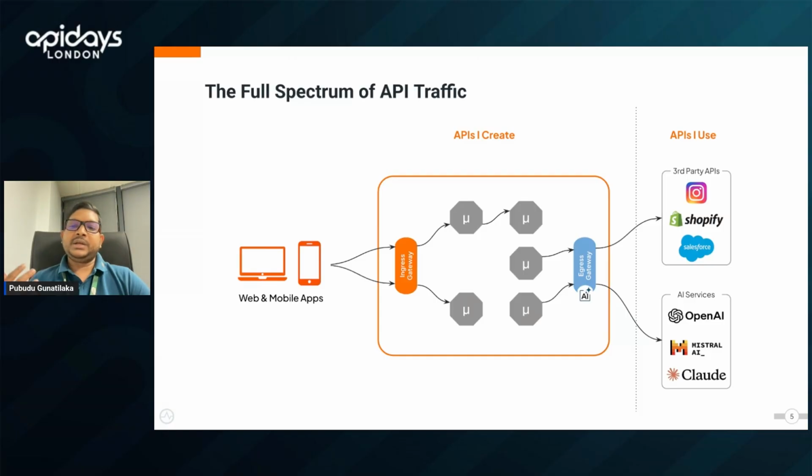These APIs can be Shopify, Salesforce, likewise third party services that you can consume in your day to day applications. Then there's the third one that I explained earlier, that with AI services coming into this picture, you now have services that consume more and more AI services. So we have to deal with all these three use cases.